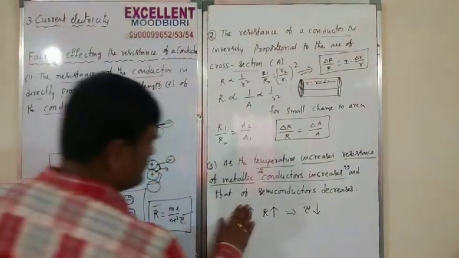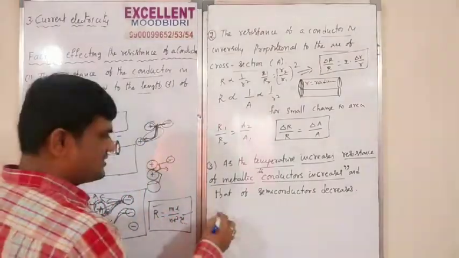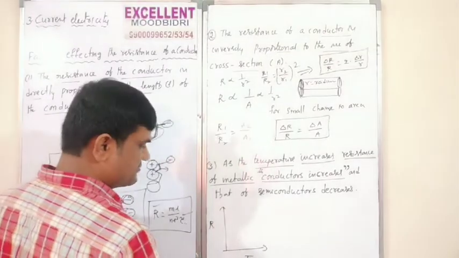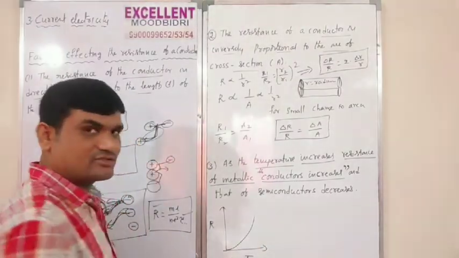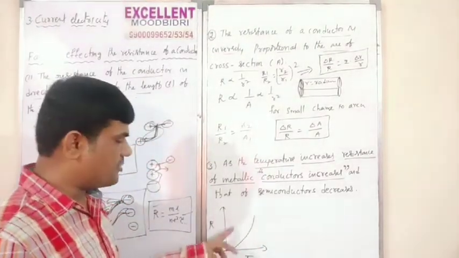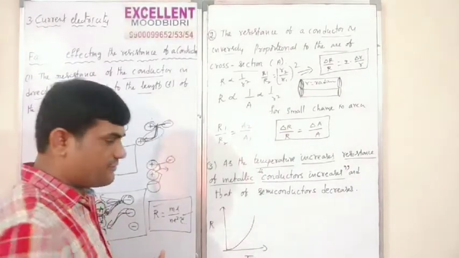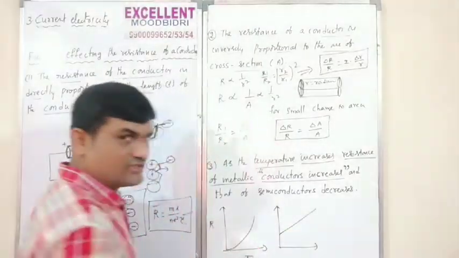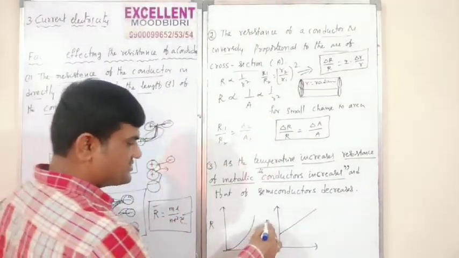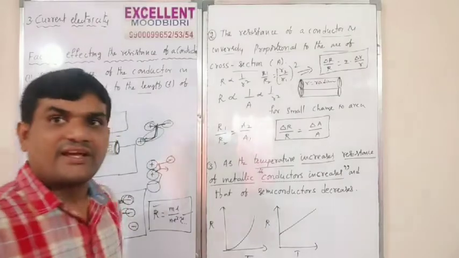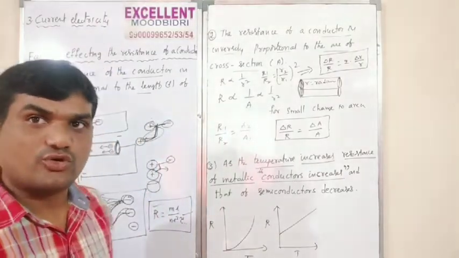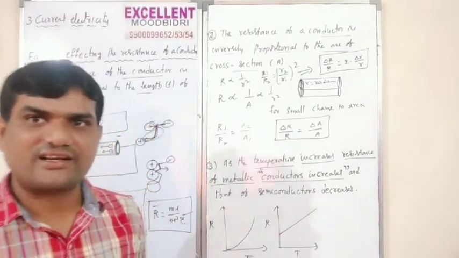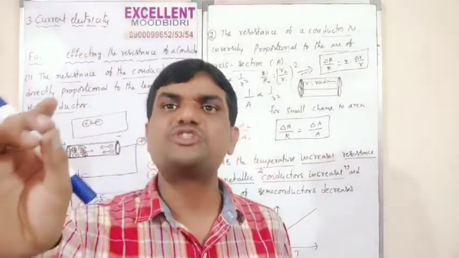For example, if I consider the graph of resistance and temperature, for copper, or a nichrome wire, a straight line will come, as the resistance increases. But in semiconductors, the resistance should decrease.